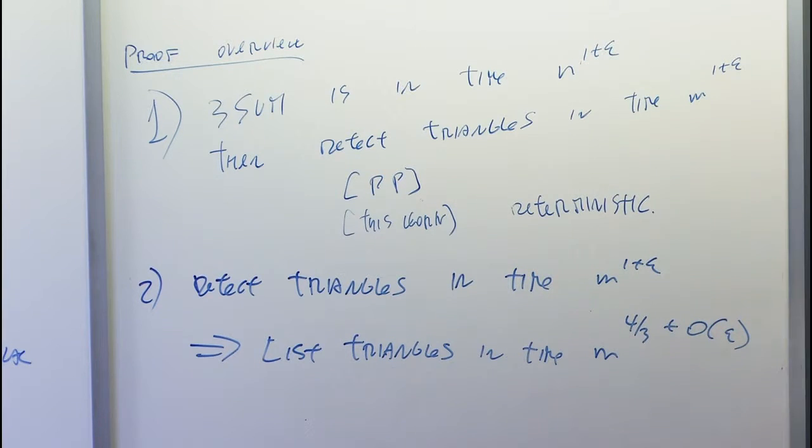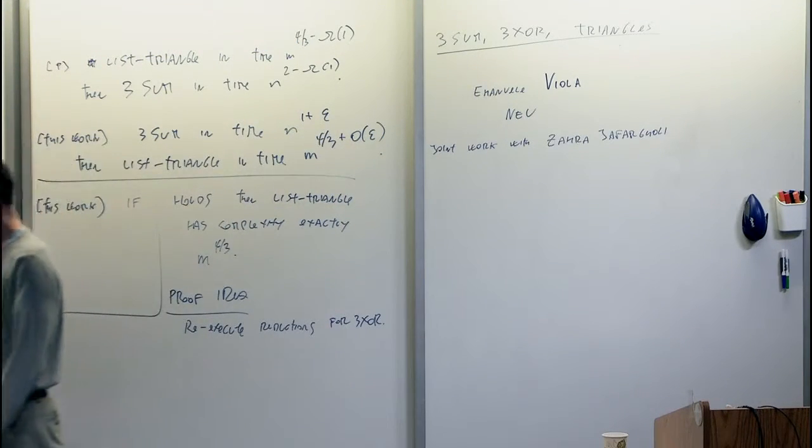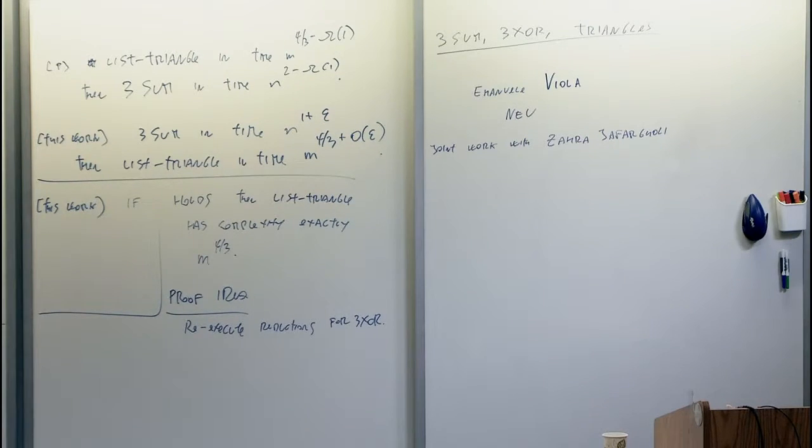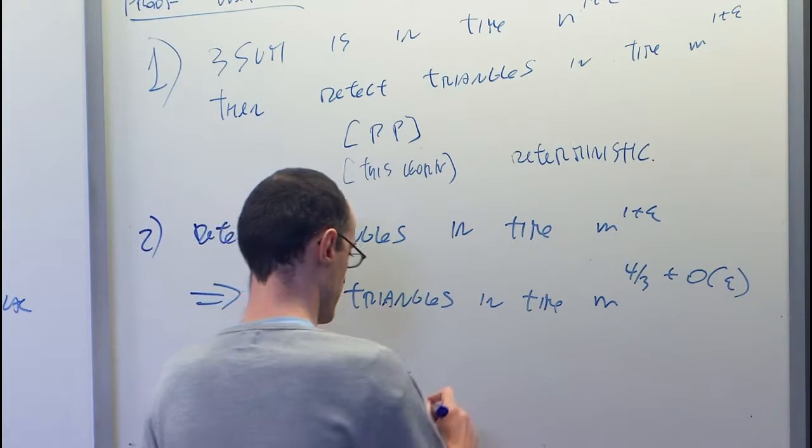Okay? So if you combine these two things, you get this reduction here. And the second step follows closely another argument by Vassilevska Williams and Williams, where they give a similar reduction but for dense graphs.